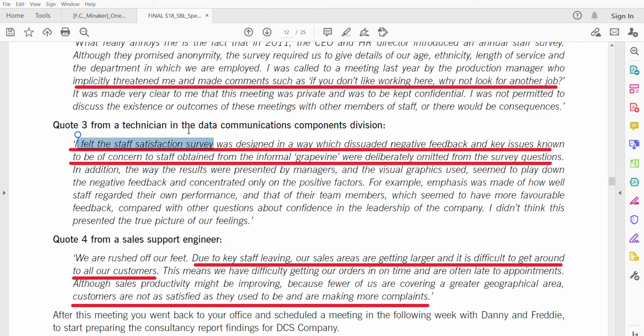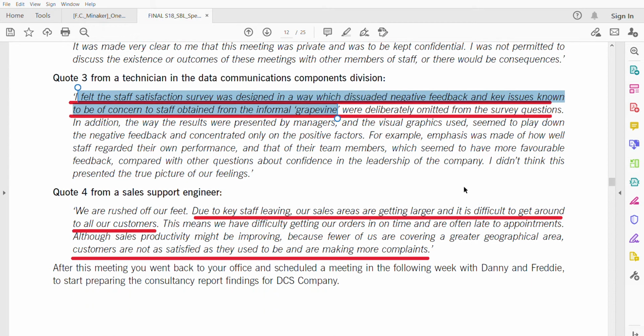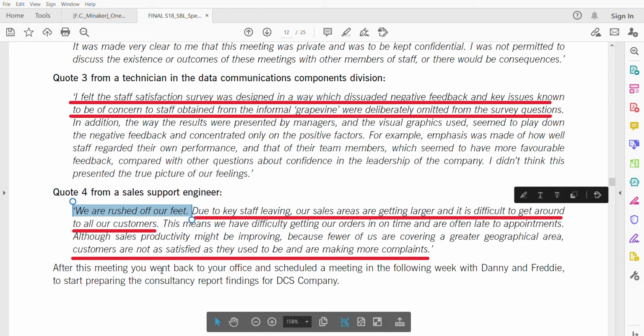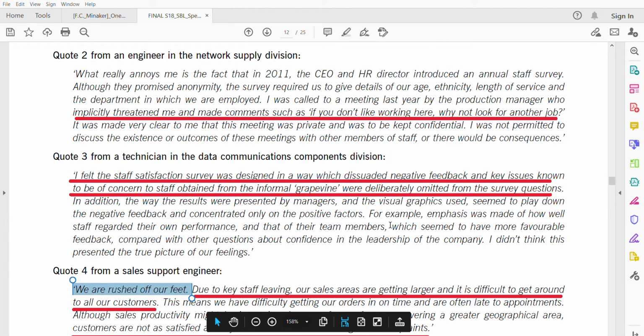I feel the staff satisfaction survey was designed in a way which dissuaded negative feedback, and key issues obtained from the informal grapevine were deliberately omitted from the survey questions. Here, due to the staff leaving, our sales area is getting larger and it's difficult to get around all the customers. Customers are not satisfied, and also they have been threatened that if you don't like working here, why not look for another job?